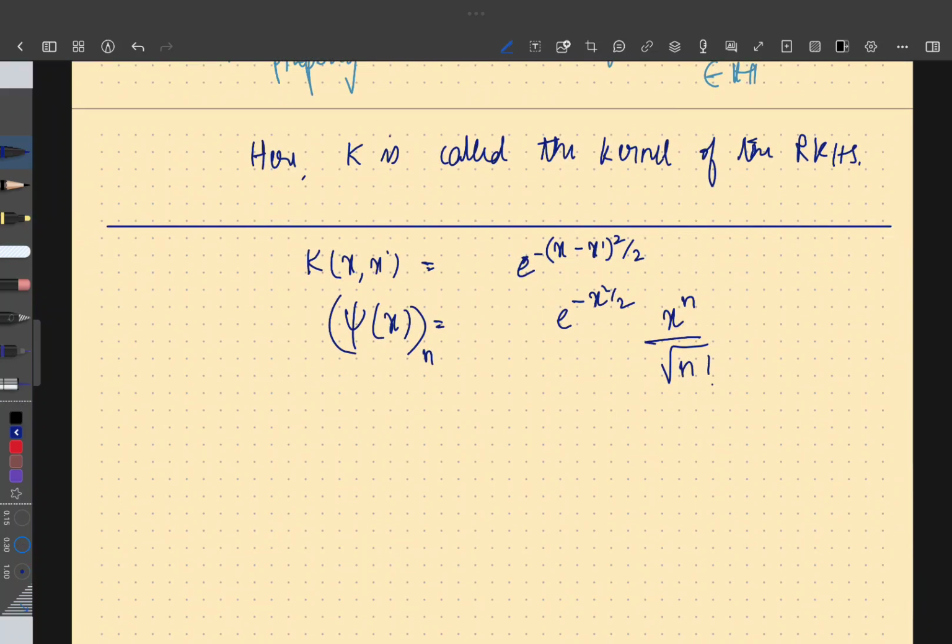So your feature space was an infinite dimensional space.